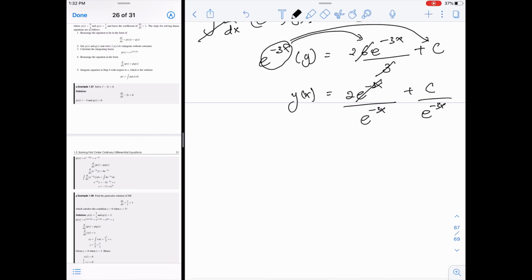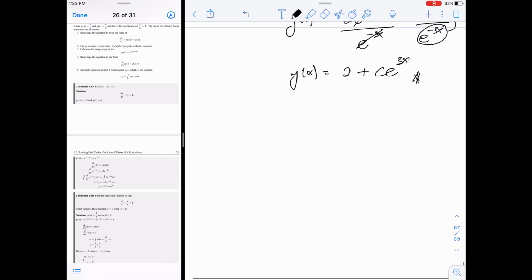So this can be simplified. The final answer of y(x) is -2 plus c e^(3x). You can bring the denominator to the numerator over here. So this is the answer.